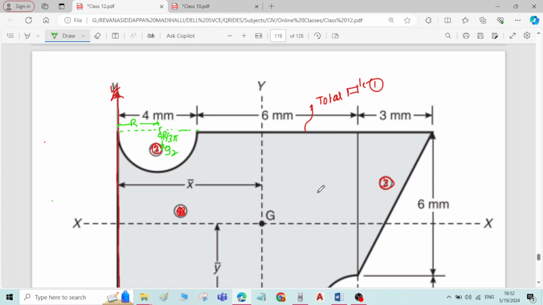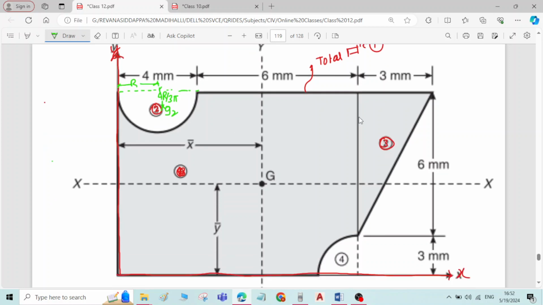Okay. Then here if I take G3 as centroid of right angle triangle, see here distance is going from the line, so it is b by 3.